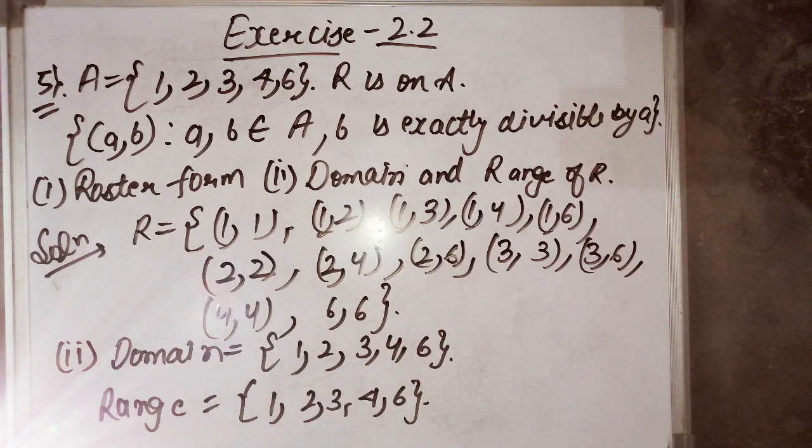Now none of the elements is missing in this relationship. This is an important question from your exam point of view. Now let's move to the sixth question, but before that, pause the video to note it down.